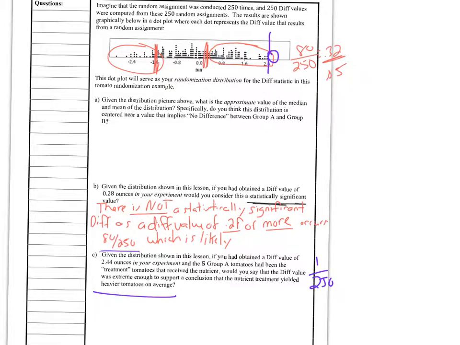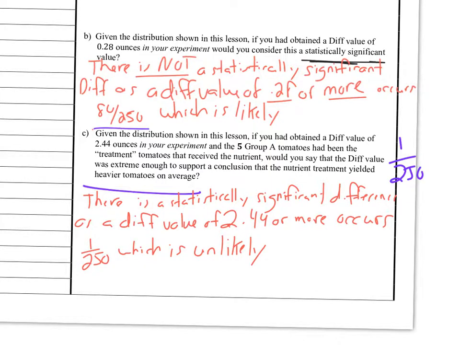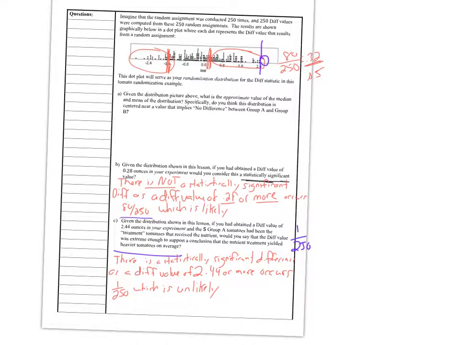So I'm going to write that out, and then we'll talk about it again. You can say there is a statistically significant difference as a diff value of 2.44 or more occurs 1 out of 250 times, which is unlikely. So taking a look up here, we found that there was only one dot, and you really can't see it. Maybe I can erase right here. This one dot right there after 2.4, so that must be the 2.44, a little bit more than that.